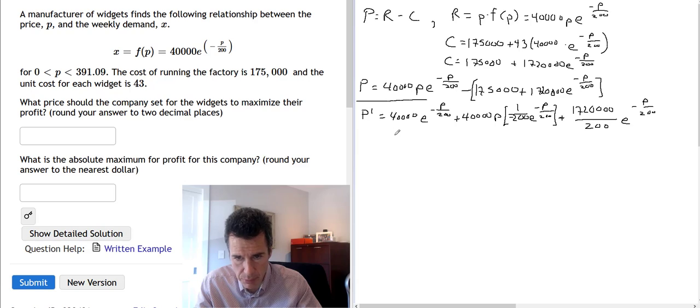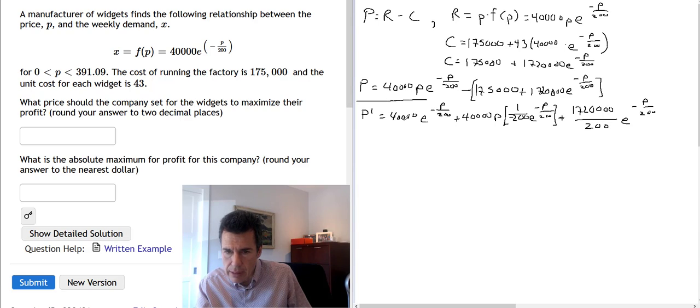Okay, so what do we end up with here? Let's simplify a little bit. The first term and the last term do not have a p in them, so we get 40,000 plus 1,720,000 divided by 200.